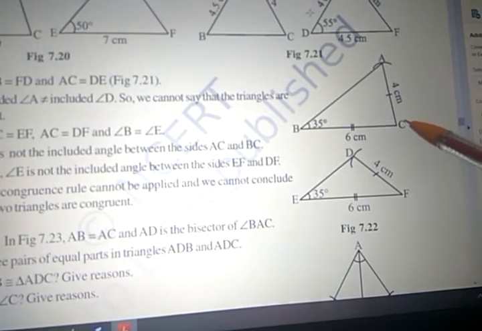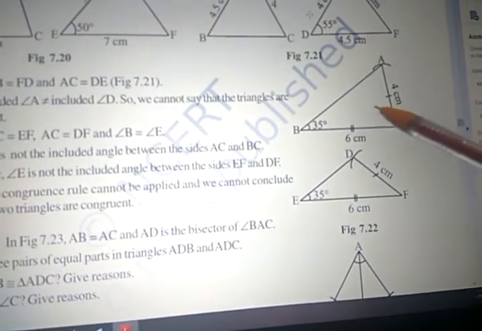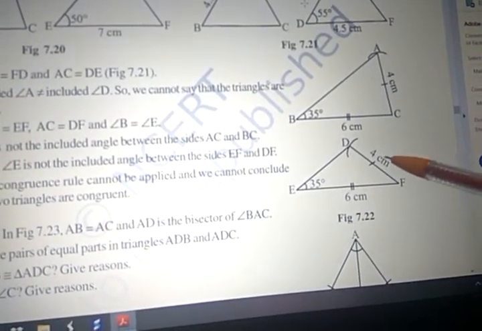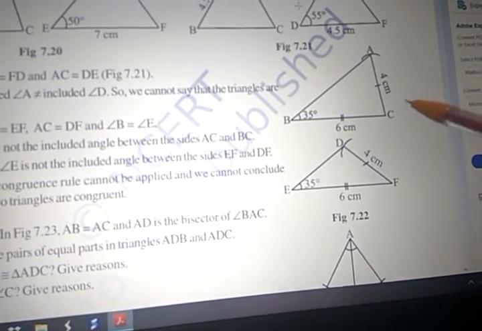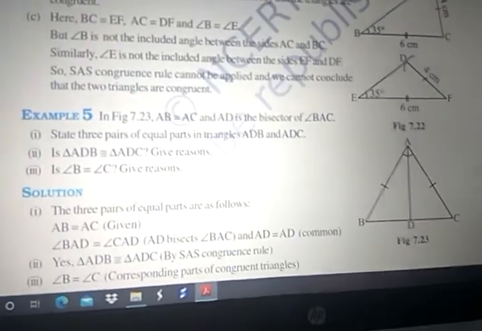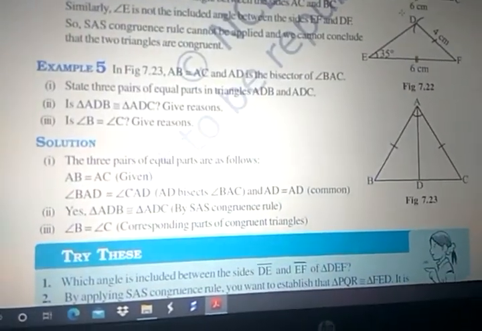The angle should be at C and F, but here the angle is at B and E. दोनों साइड के बीच में एंगल यहाँ नहीं है. देखो ये 4 और 6 के साइड बीच में एंगल होना चाहिए, जो नहीं है वो तो यहाँ है. That's why it is not possible. Okay. Similarly, student, example number 5, like this way you can understand from the textbook.